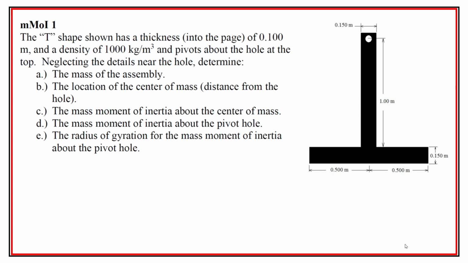We're going to ignore how far that hole is from the top. So I'm just going to make it look like this. It's 0.15 meters wide at both spots right here. 0.15 and.